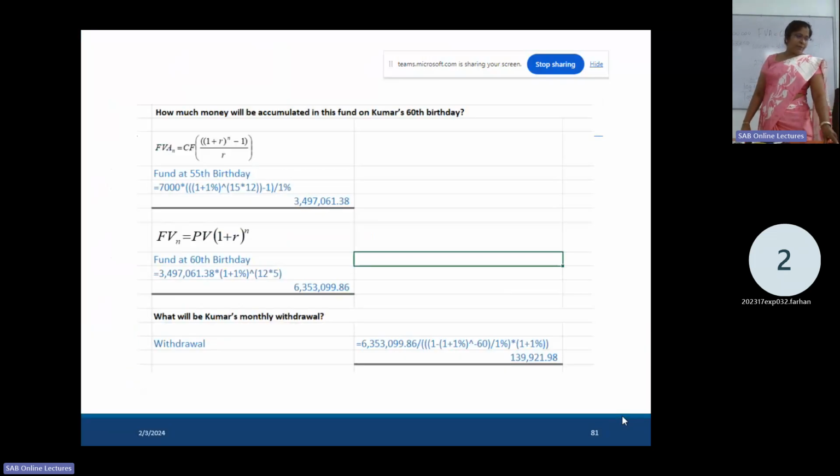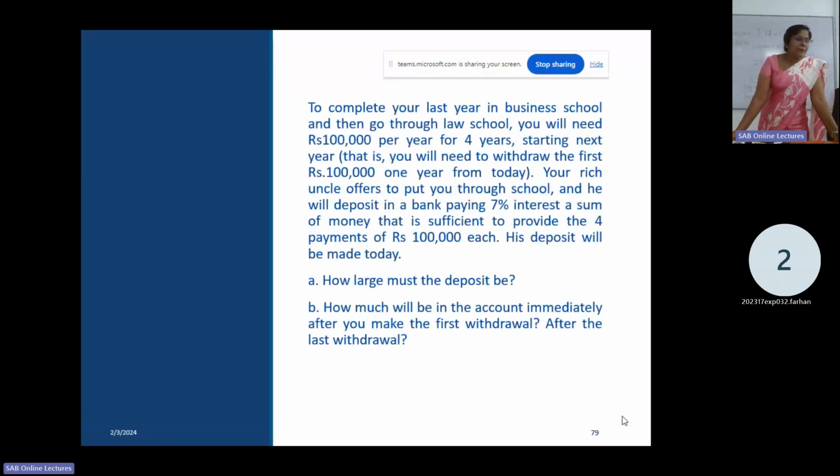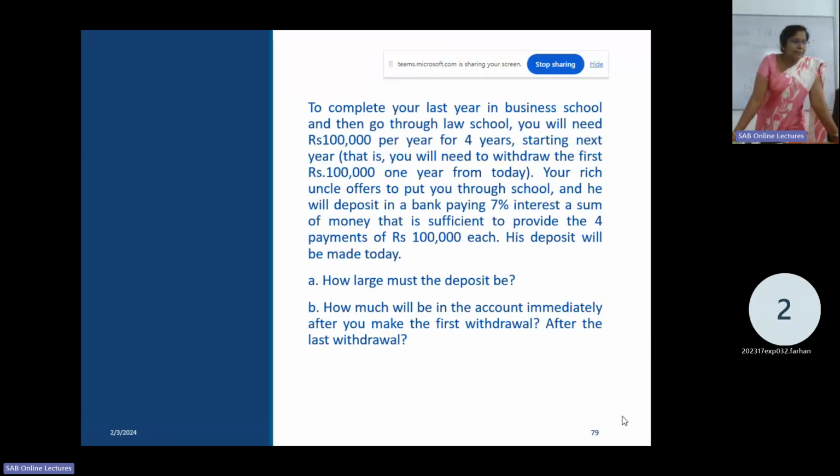Right, look at this one. To complete your last year in business school and then go through law school, you will need 100,000 per year for 4 years, starting next year. That is, you will need to withdraw the first 100,000 one year from today.